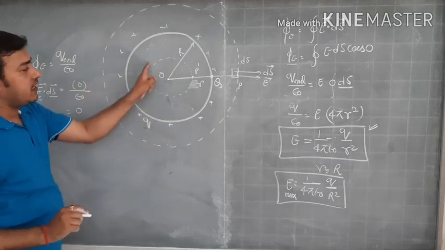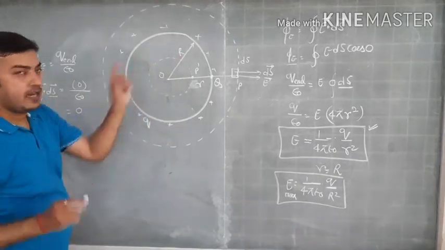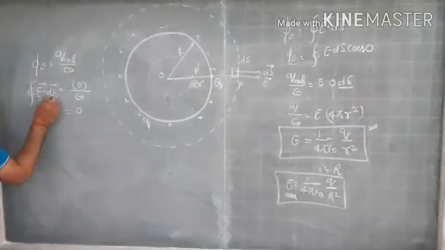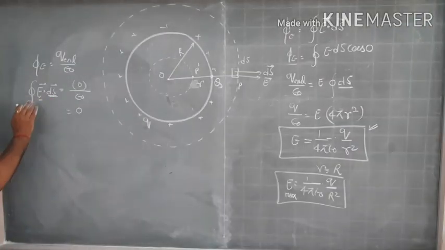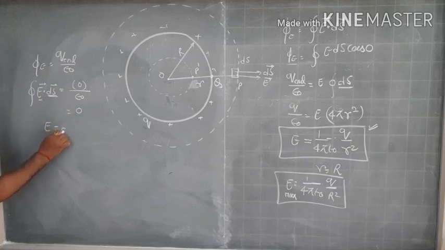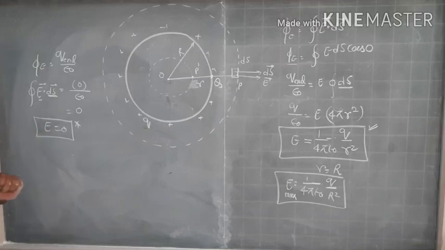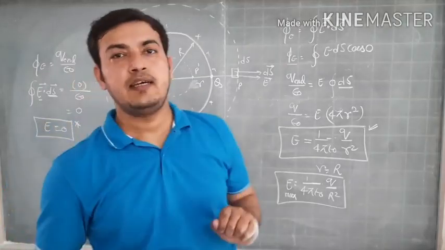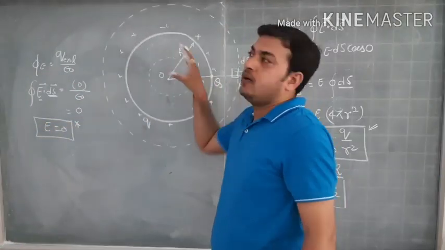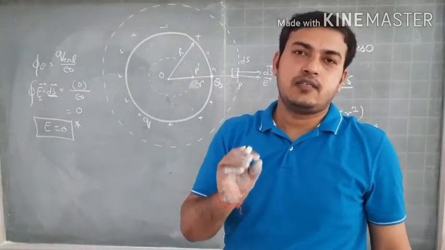If you can see clearly, this Gaussian surface has some surface area. It means ds is not going to be 0. So if the product of two quantities is 0, and one is not 0, then it is the other quantity that is going to be 0. It means that there is no electric field inside the charged shell.